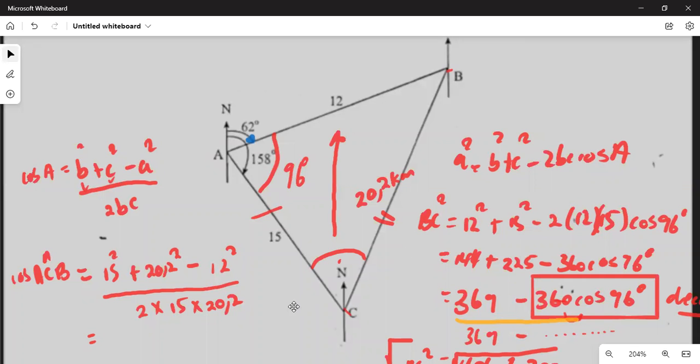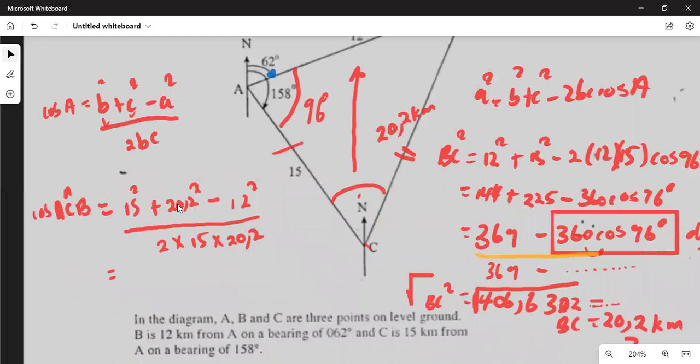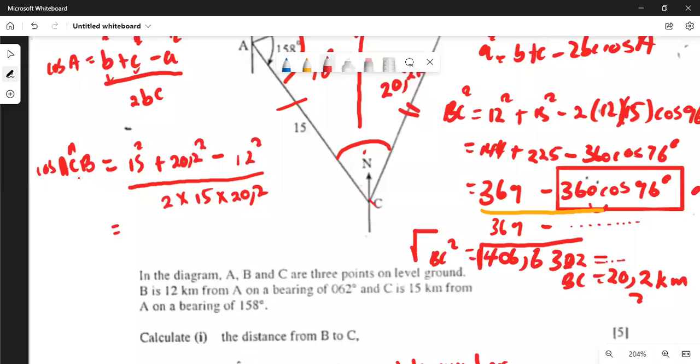So with all this information, we can evaluate everything on our calculator. We can evaluate everything on the calculator in one go and work with the decimal that comes out. I don't know what type of calculator you are using, because what is important here is the calculator that you are using. But in this case, we are going to obtain, let me just see, 2 times 15 times 20,2.